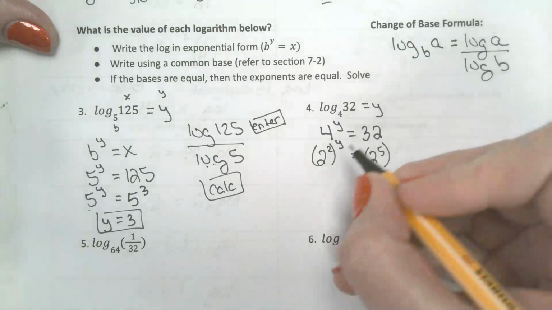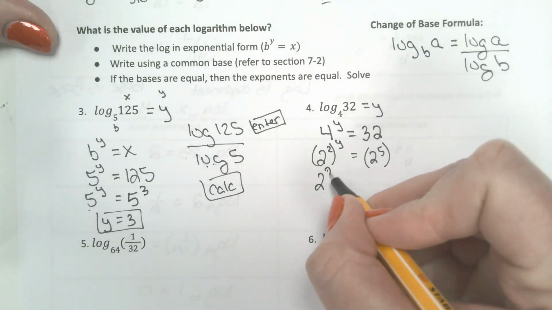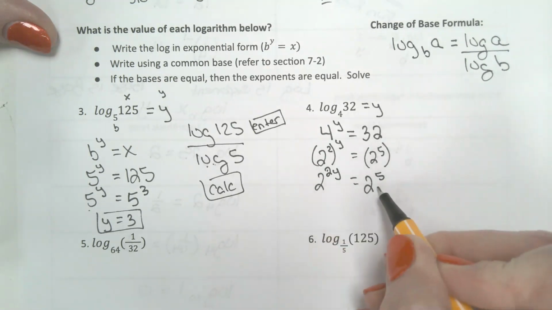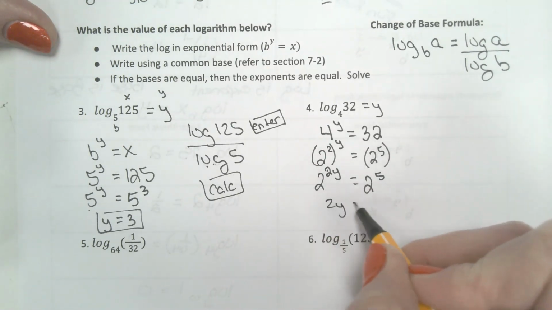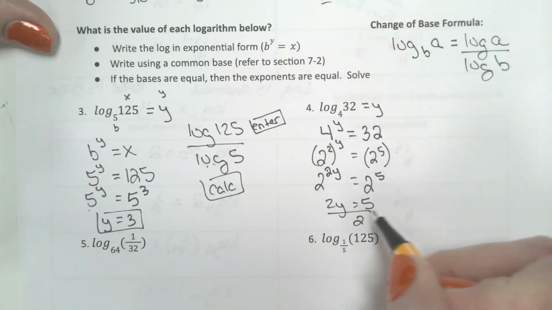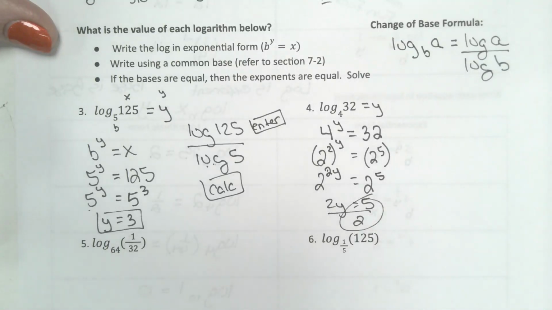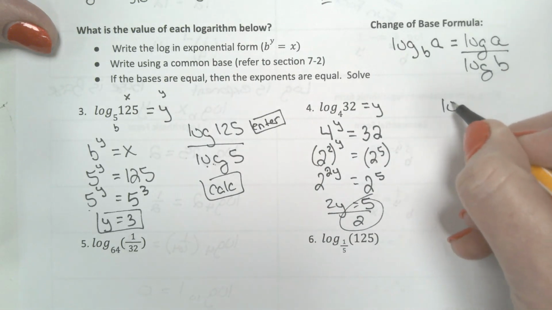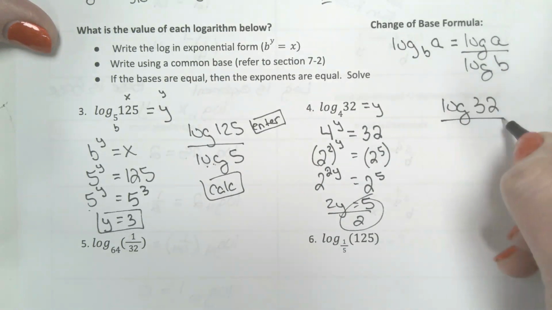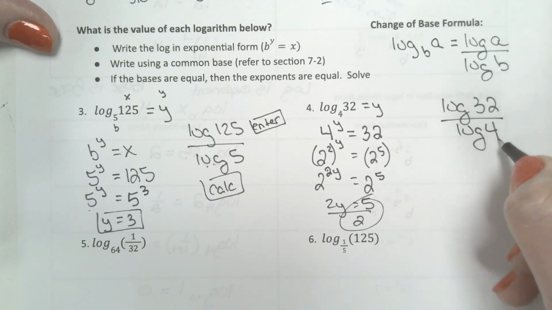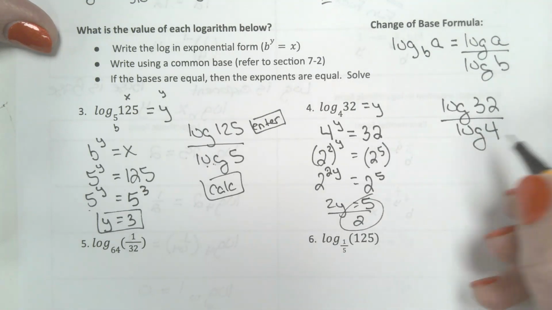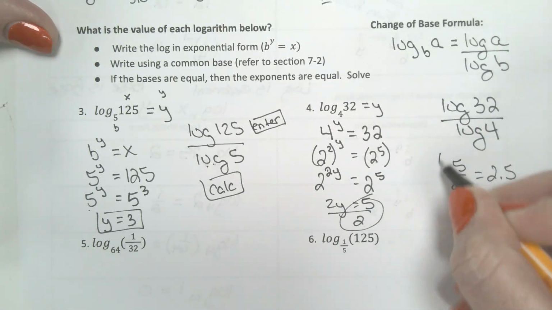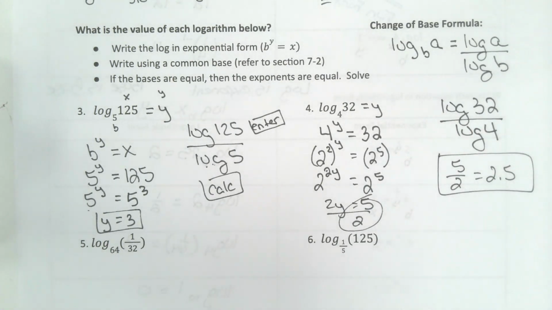Here I have 2 to the y, so that's just 2 to the 2y equals 2 to the 5th. My bases are equal, so you're going to drop them and set your exponents equal. Divide both sides by 2, and you get 5/2. If you wanted to enter it in your calculator, you would go log 32 divided by log 4, and in your calculator, it would either say 5/2 or 2.5 for a good final answer.